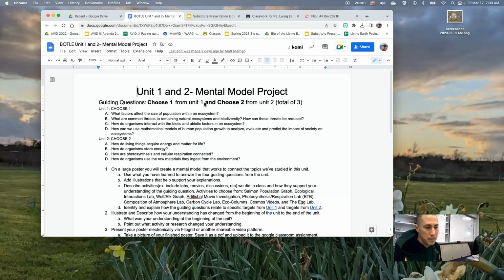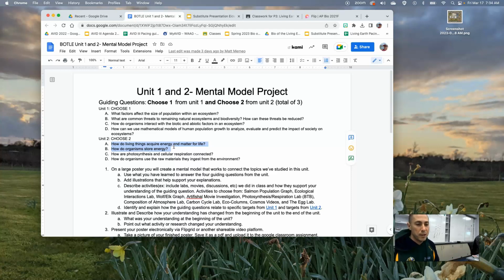So this document is posted on Google Classroom, and what you do is you pick two of the Unit 2 guiding questions to answer. And you're trying to say, hey, this is what I learned, how I would answer these. These are all the things we talked about, what we learned that helps me apply those concepts to answering questions.